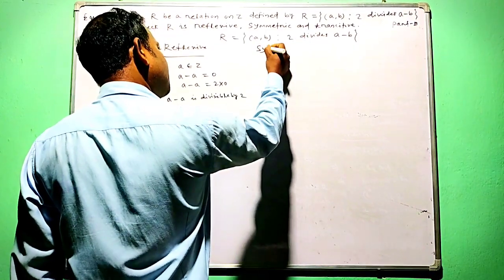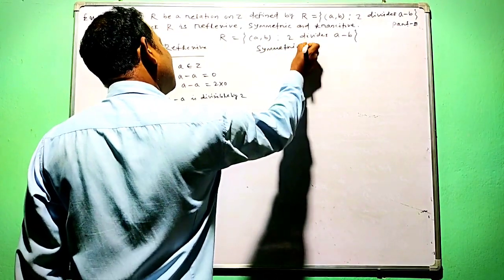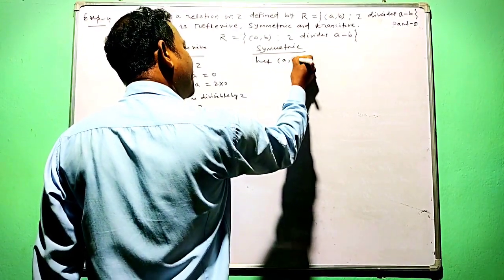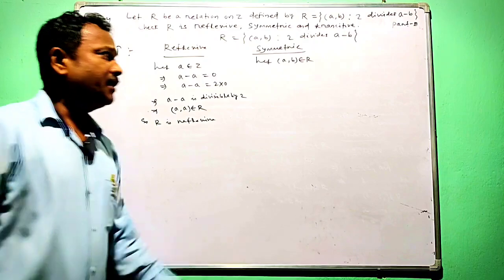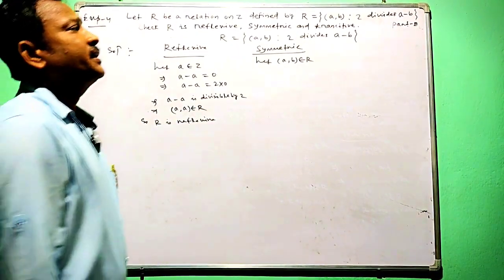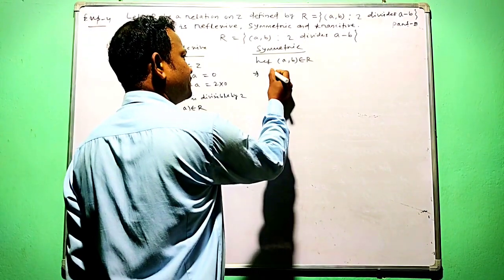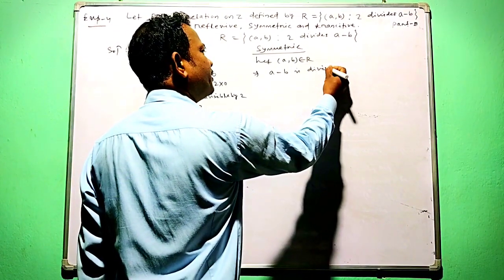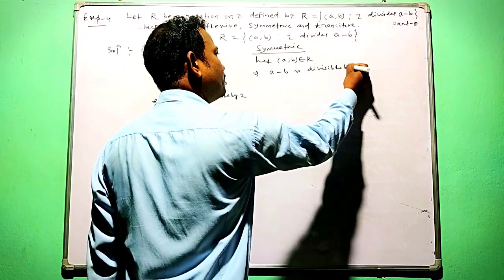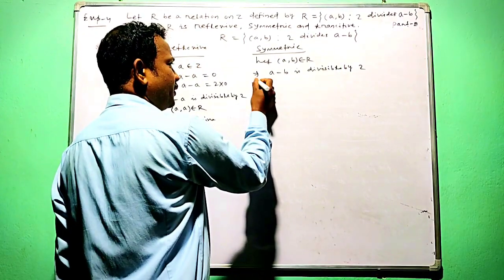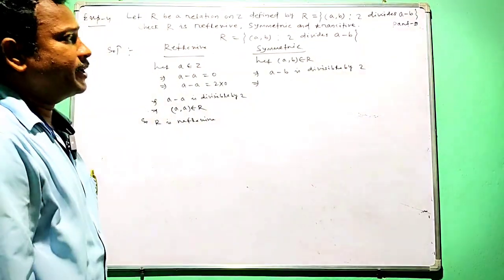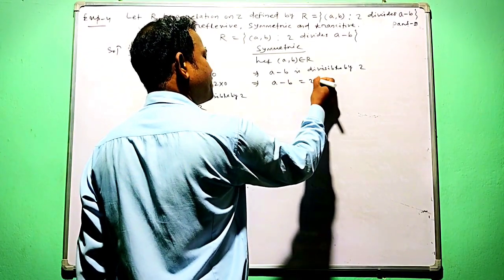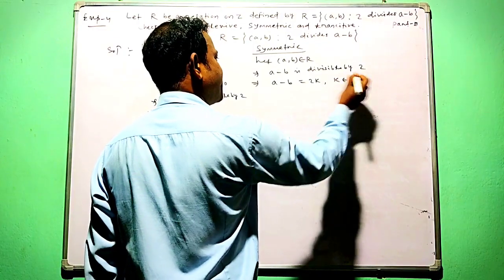Symmetric next. Let (a, b) be an element of R. (a, b) being an element of R means we write a minus b is divisible by 2. Mathematically we write a minus b is equal to 2 into some constant k, k is an element of Z set.